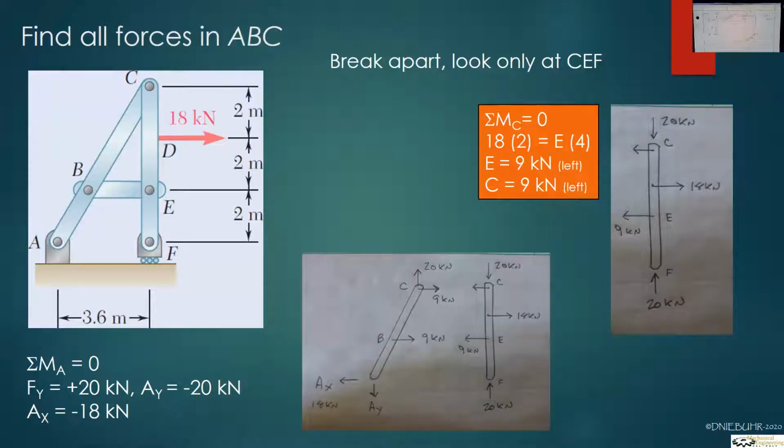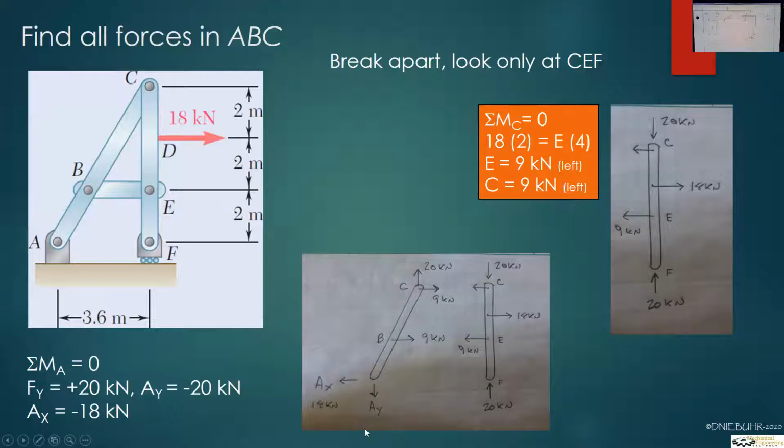Now, if we look at the whole component, this is what we get. We know that 20 kilonewtons is going down, and we know that C is going 9 kilonewtons to the left. Therefore, when we look at our ABC component, we know that has to be the opposite. It has to be 9 kilonewtons going to the right, because AX is 18 kilonewtons going to the left.